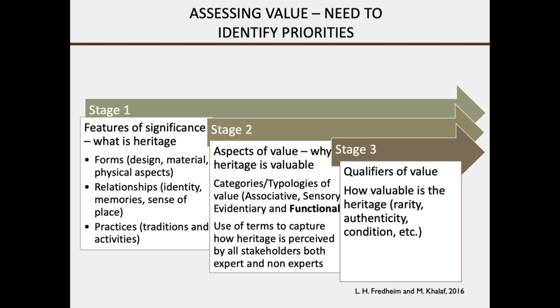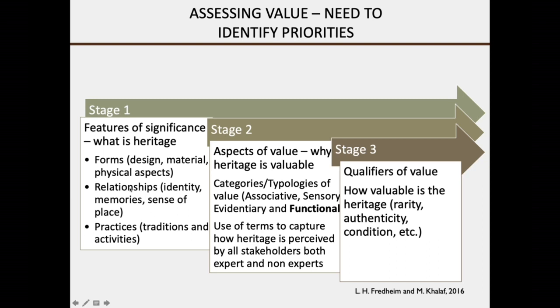So this answers the question of what is heritage, or what the heritage attributes are. This is based on the work done by Stevenson, which tries to break with more traditional typologies in an attempt to more fully capture how heritage is perceived by different stakeholders, both experts and non-experts.